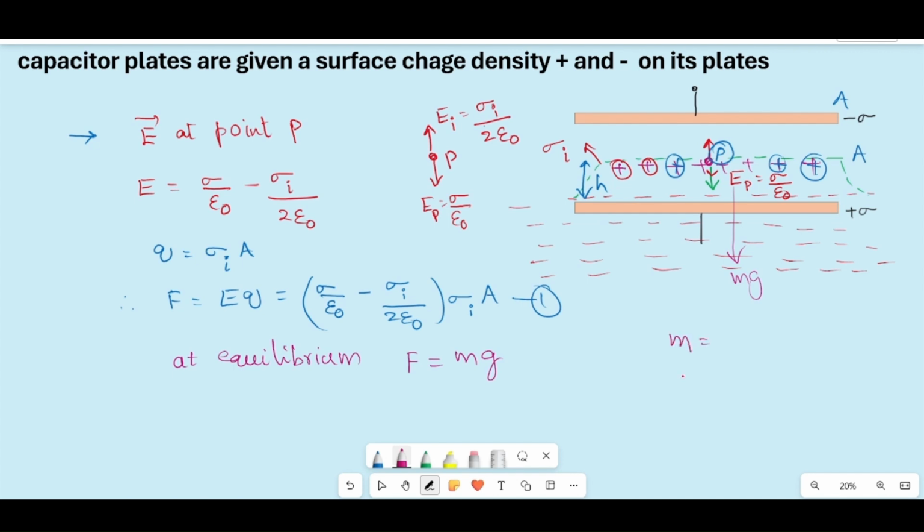If the density of the liquid is rho, then rho is equal to mass by volume. A is the area, and the liquid rises to height h. Therefore the mass is rho A h. Therefore at equilibrium the force is equal to its weight, rho A h into g. We can substitute equations 1 and 2.